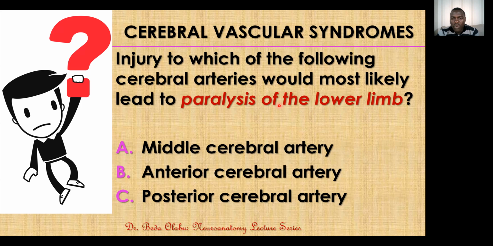So we talked about the homunculus, and we said that the brain topographically represents different parts of the body. So which part of the pre-central gyrus, if injured, you'll get paralysis of the lower limb?